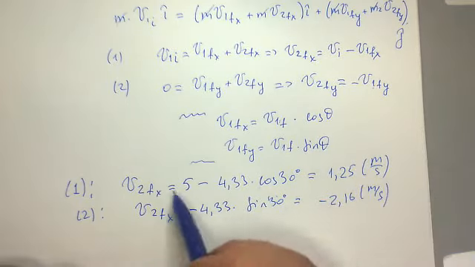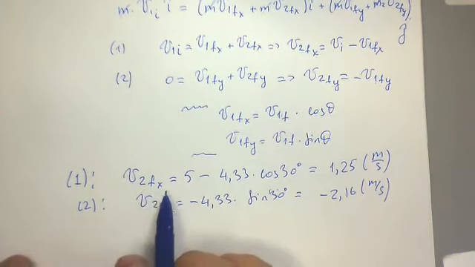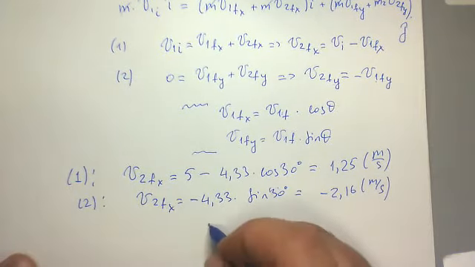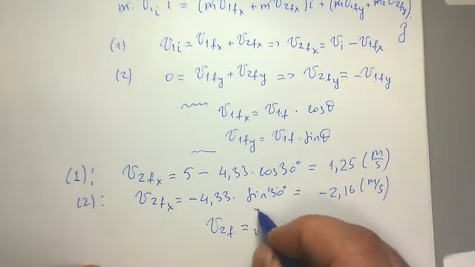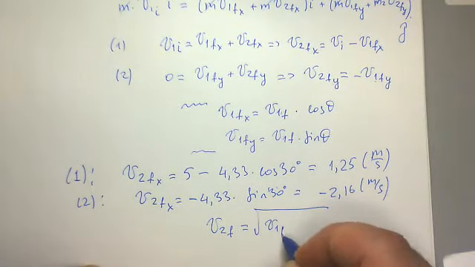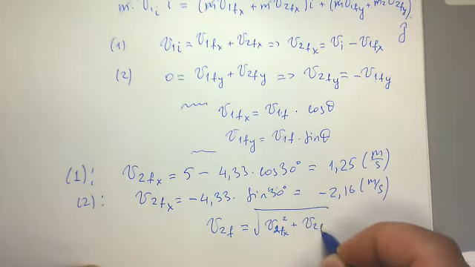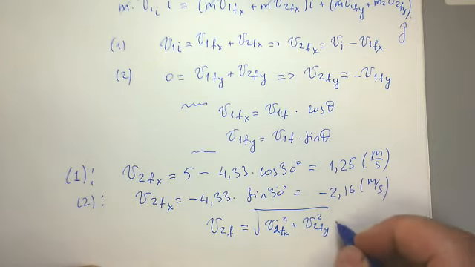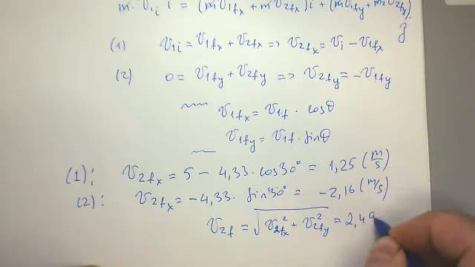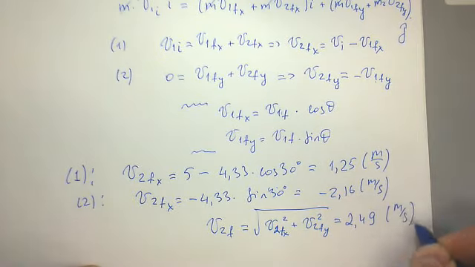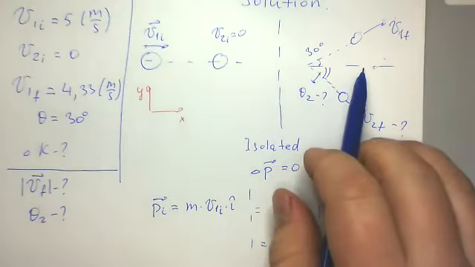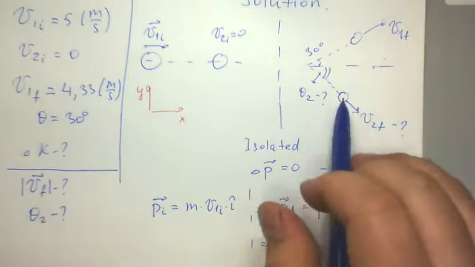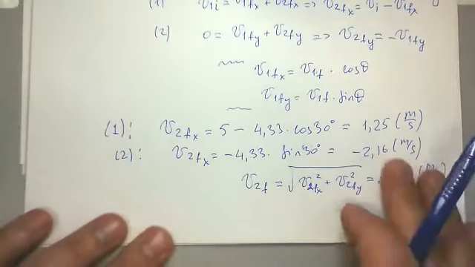So we found the components of the vector V2 final. And you can now find the absolute value of this vector. It's just the square root of V2 final X squared plus V2 final Y squared. Here, the absolute value is 2.49 meters per second. And this angle theta 2, since we found the components Y and X, you can find this theta.